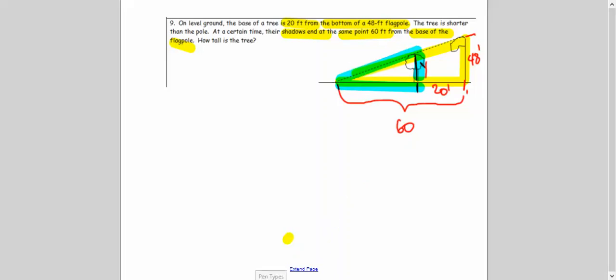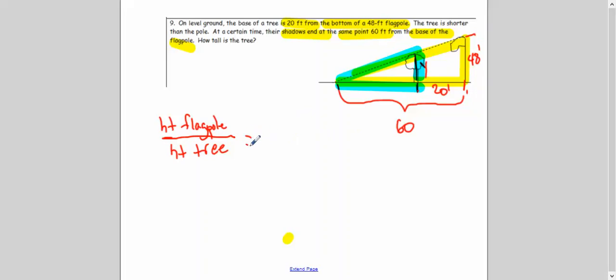So let's take a look at how we would set this up. We're going to say the first triangle, so let's go the height of the flagpole, right? We would set that up with the height of the tree. Okay, those are at the same places in their triangles.